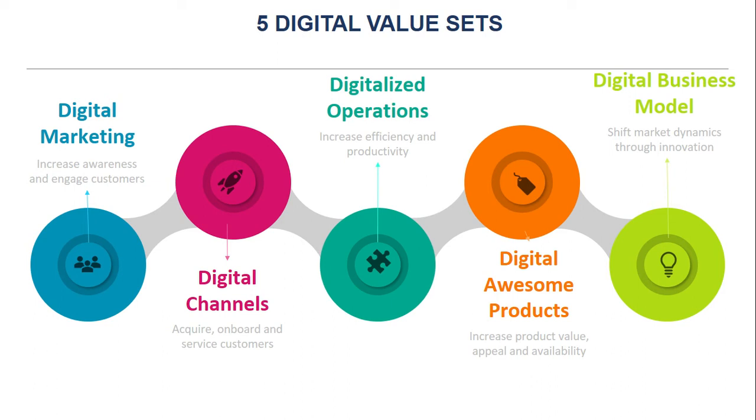The third one is digitalized operations, where you're able to use the power of digital technology to increase efficiency and productivity of your business. The fourth is digital awesome products. This is a situation where you're able to increase the product value and appeal to customers by embedding digital values into the product.